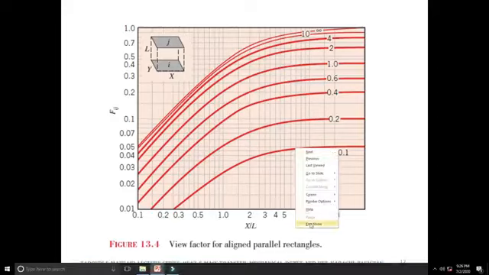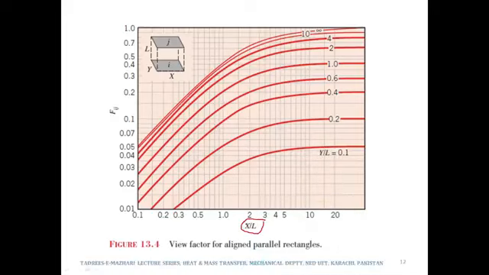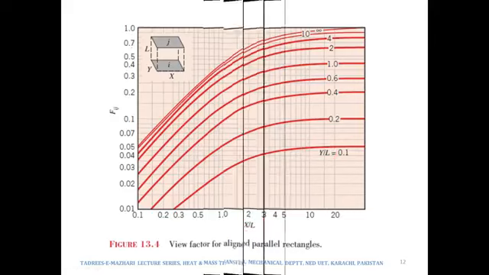All we need to do is calculate x by L, where x is this length and L is the distance between the two surfaces, and calculate y by L, where y is this length and L is the distance between the two surfaces, and at the intersection of the two values we will read out the value of Fij. So it would be Fij from i to j. If we want to find out Fji, we can then make use of reciprocity or any other theorem. You can see that the maximum value of F goes up till 1 because it cannot exceed 100%.